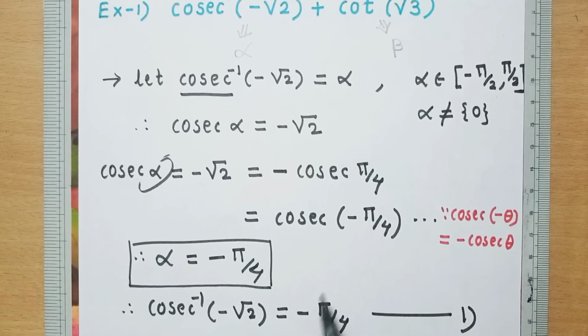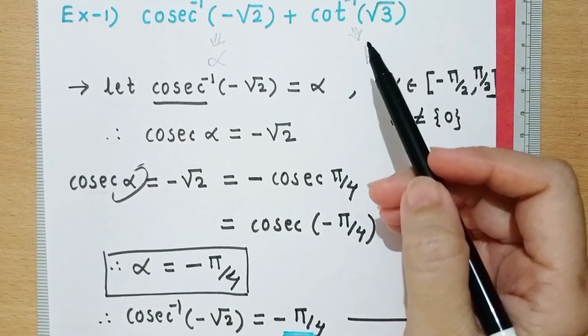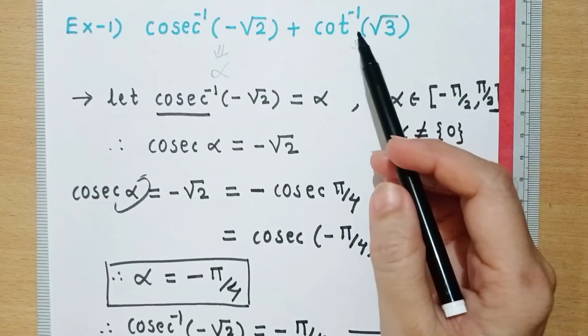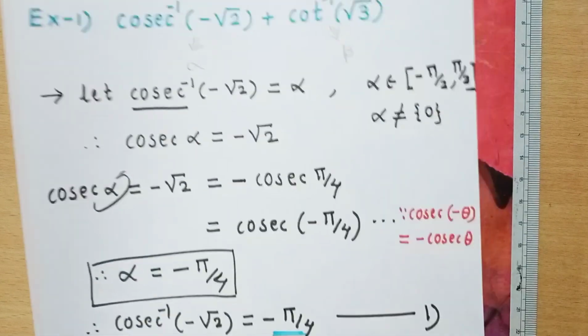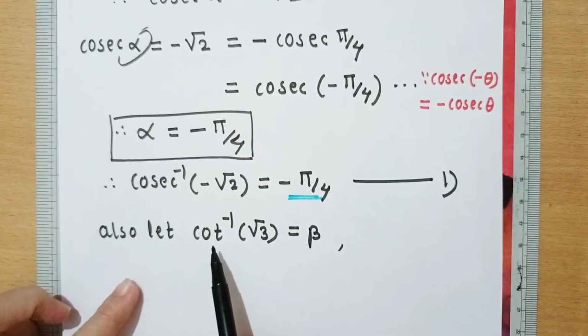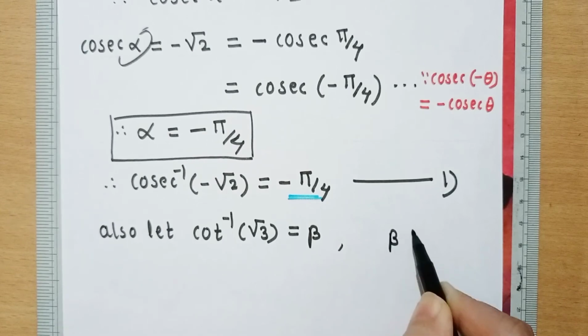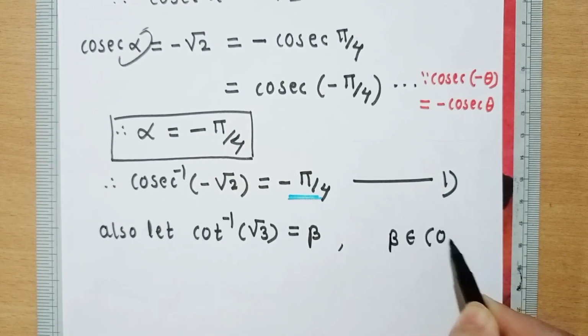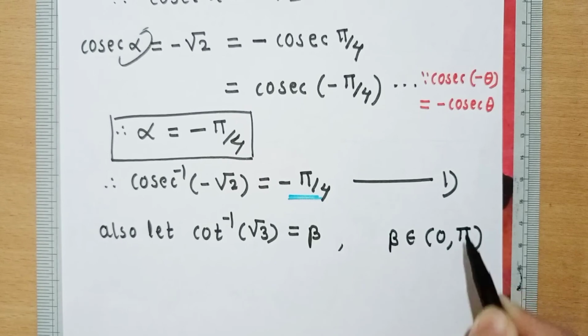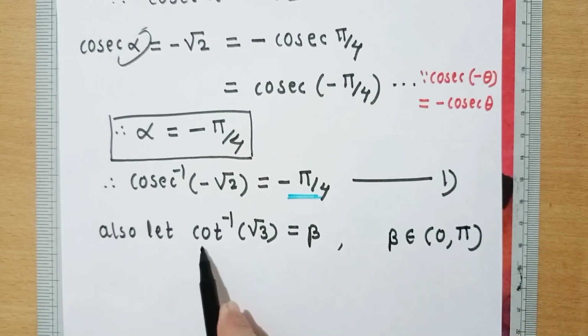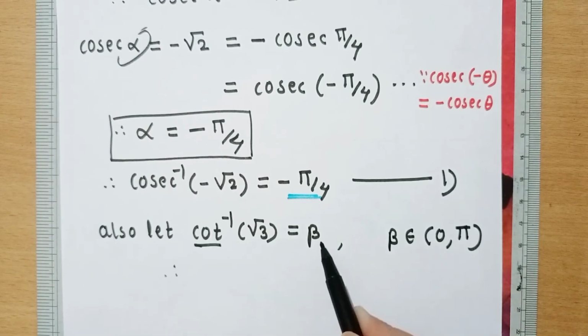In the same way, let's find the value of the second function, and so we will assume this equal to beta, where beta belongs to the open interval 0 to pi. This is the principal value branch of cot inverse, and therefore move this cot inverse there.